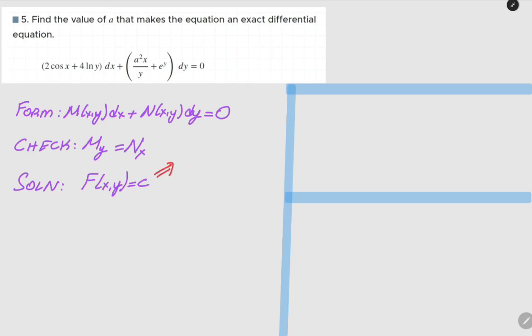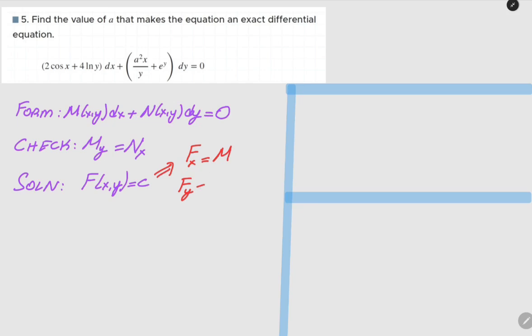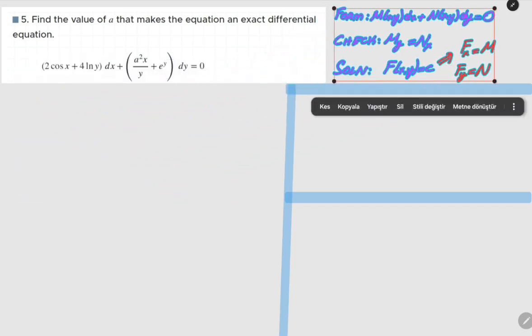And this f(x,y) should satisfy the conditions: the partial derivative of f with respect to x should be the function M, and the partial derivative of f with respect to y is the function N. So you see, this is the opposite order, but this appears in the same order. That makes it easy to memorize if you wish. So these are the formulas we are going to use, and let's put them in our formula box.